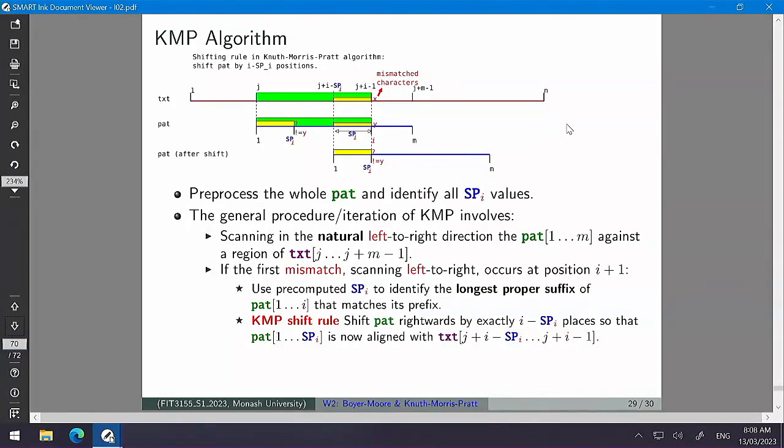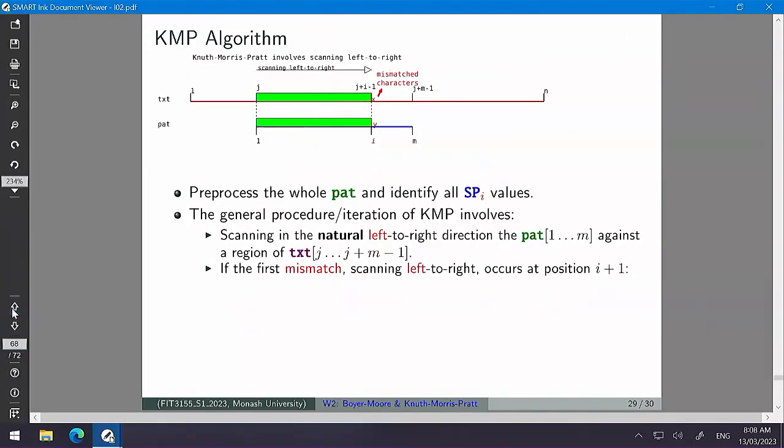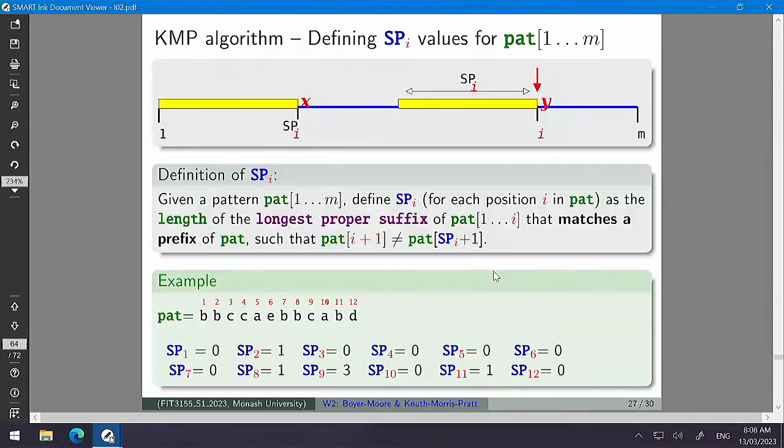So KMP is a very simple thing. I've already talked to you about what SP of i is. In fact, I'll just go back for recollection, but I'm not going to go through it again. So we saw this example and reasoned why SP of 9 is 3 and why SP of 8 is 1. Sorry, I'll say that again.